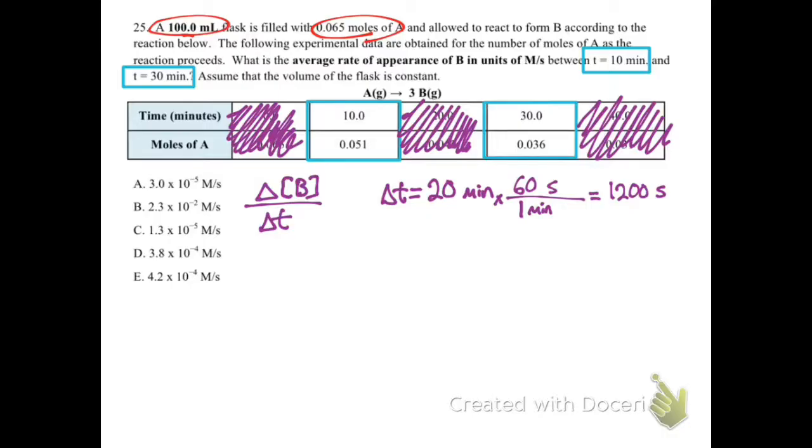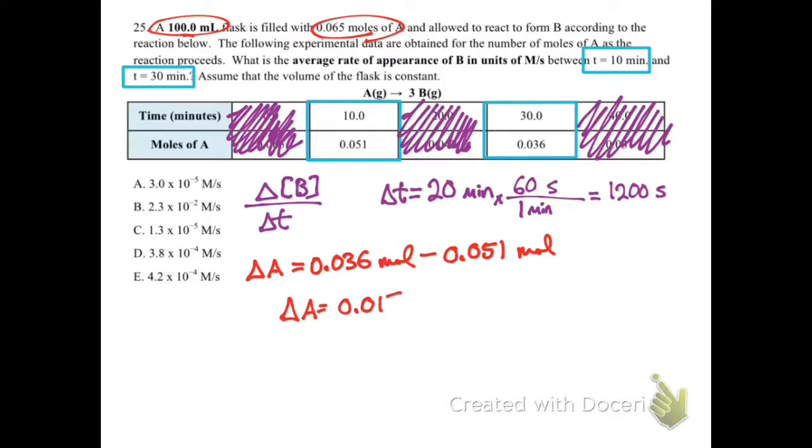So the change in A: we end with 0.036 mole. Between those two times, we started with 0.051 mole, which gives us that the change in A is equal to 0.015.